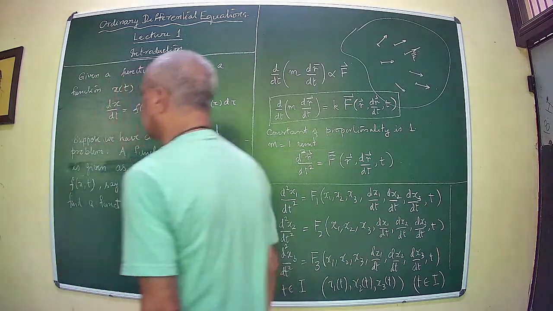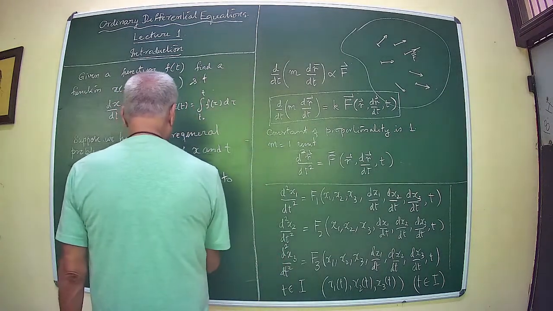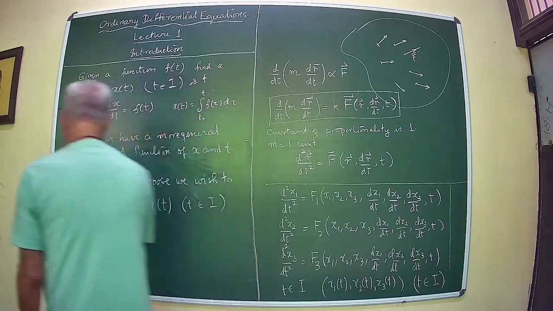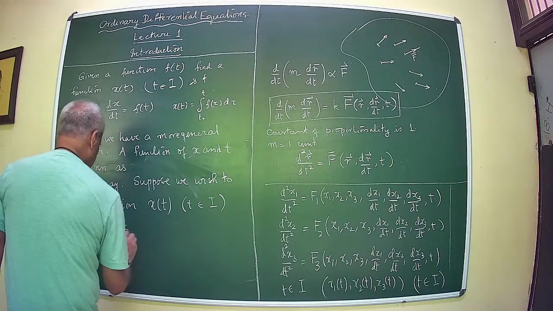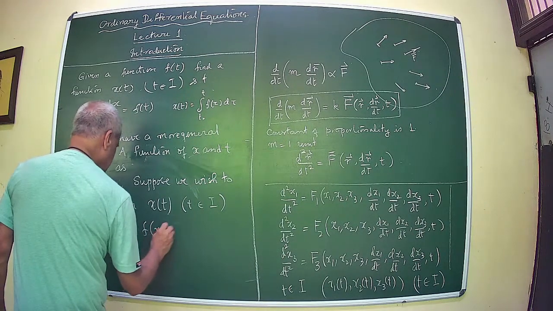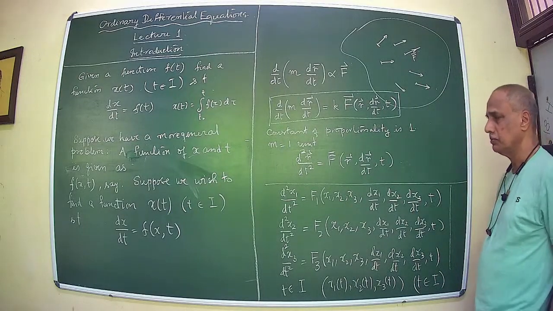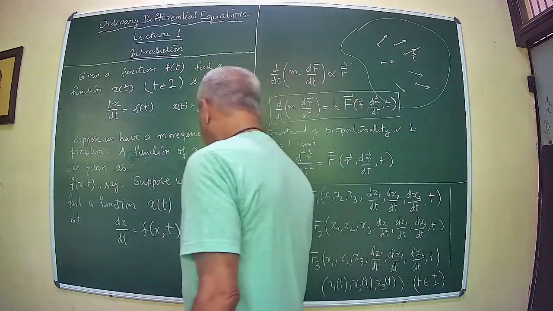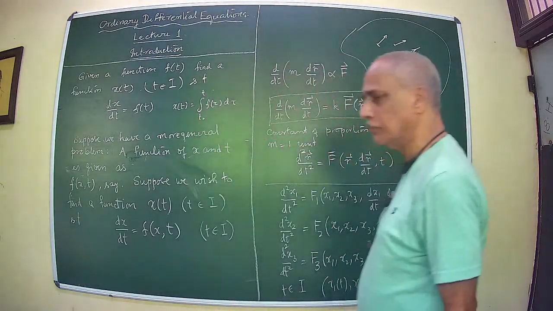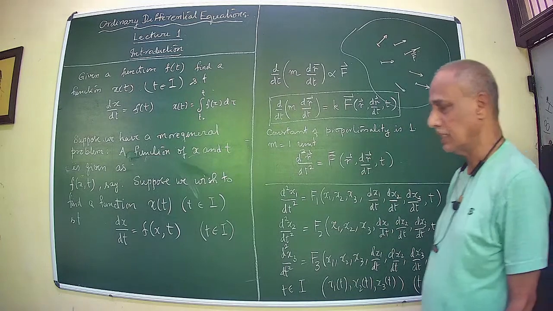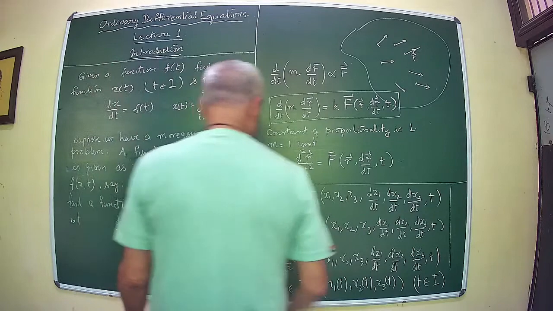We are taking t as the independent variable, x as the dependent variable, for t belonging to some interval such that dx by dt equal to f of x t. This is apparently a very simple differential equation. It involves only the first derivative, does not involve higher derivatives as you see here.